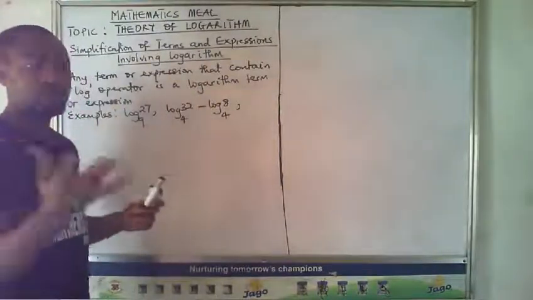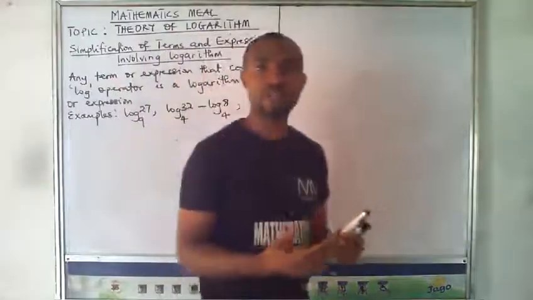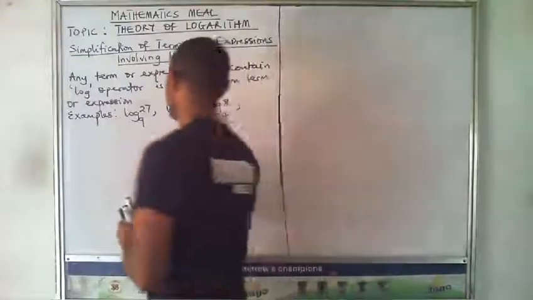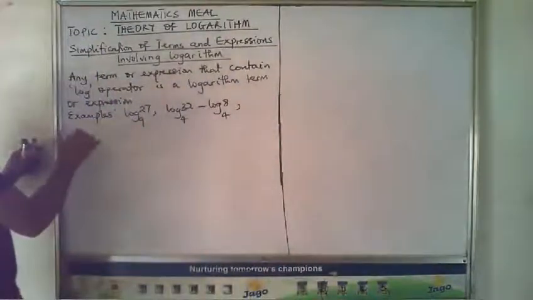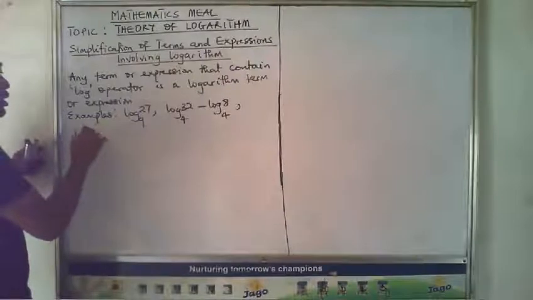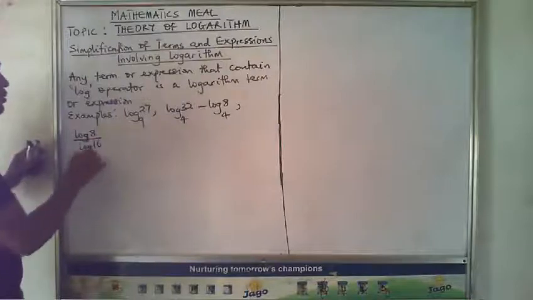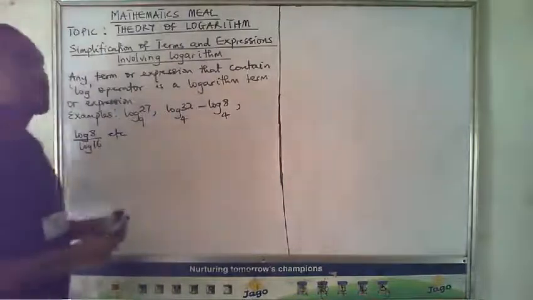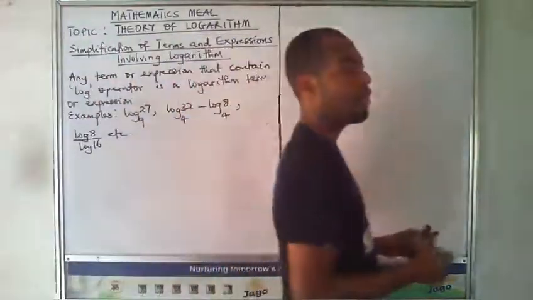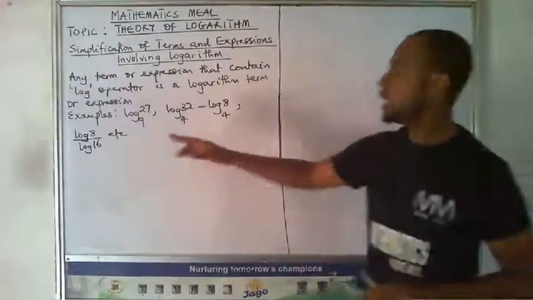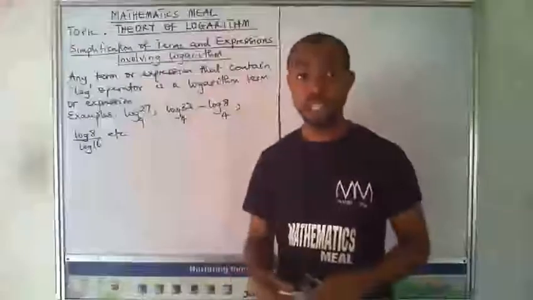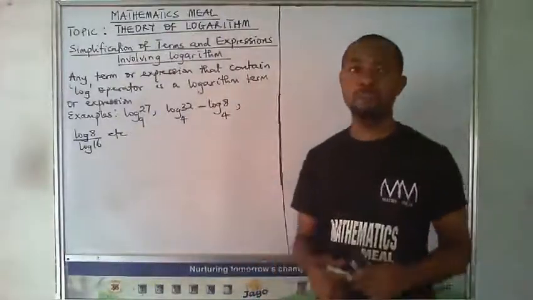You remember in algebra we say that when we have a collection of terms, when we have more than one term, we have an expression. So this is a logarithm expression. Then we can also have log 8 over log 16, etc. This is also an expression involving logarithm. So once there is a log operator present in that term or expression, it means that that term or expression is actually a logarithm term or logarithm expression.